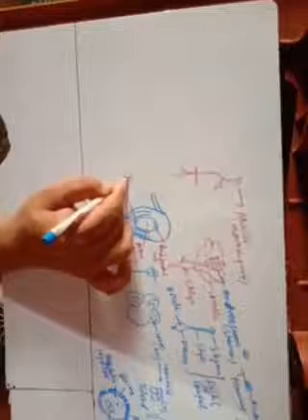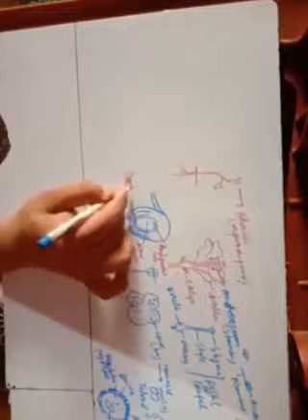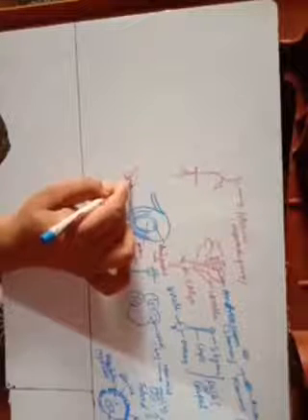You see clearly what I am drawing: these are the 2 synergids, and this is the egg, with 2 synergids.